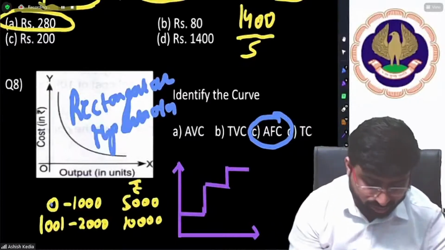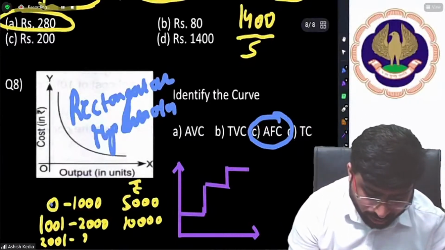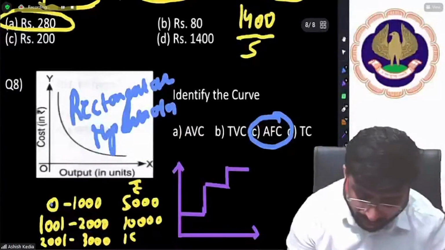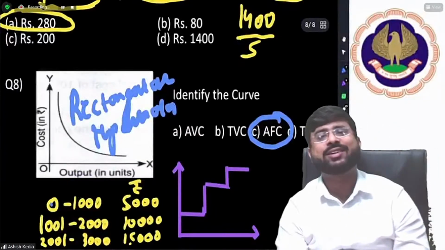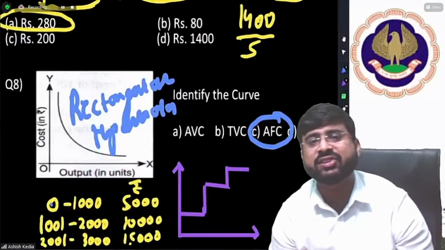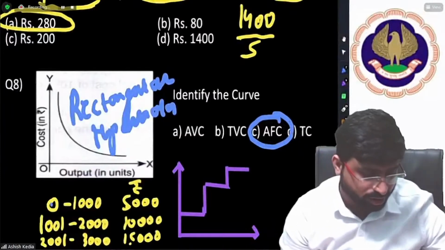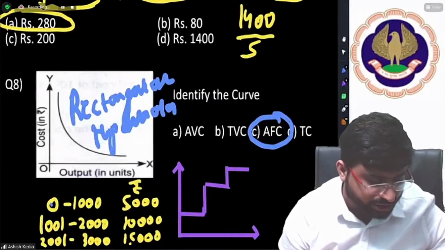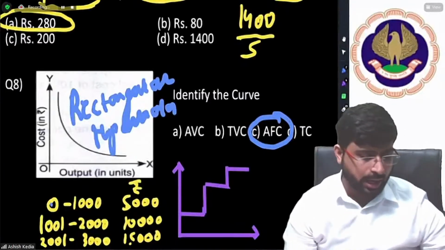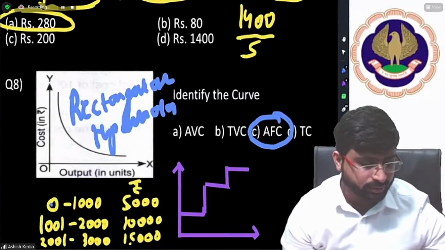Right, sir? And similarly, if you go ahead and discuss this further, it will become 15,000 that way, right? That, my dear friends, is stair-step variable cost. I'm sure all of you have agreed.